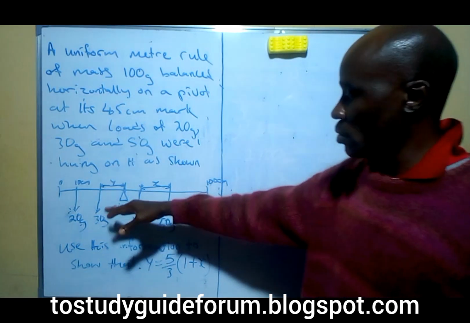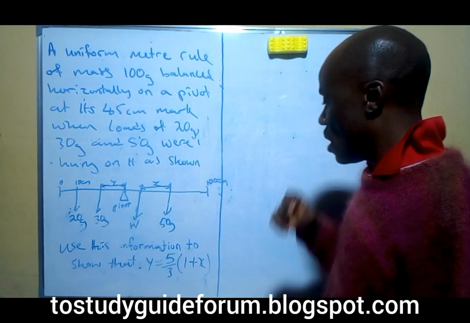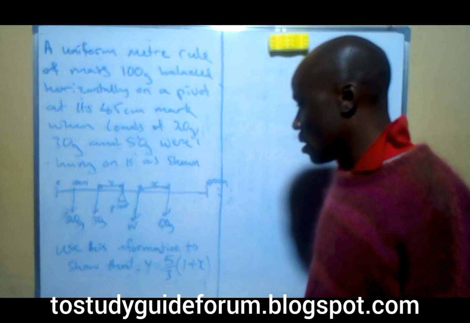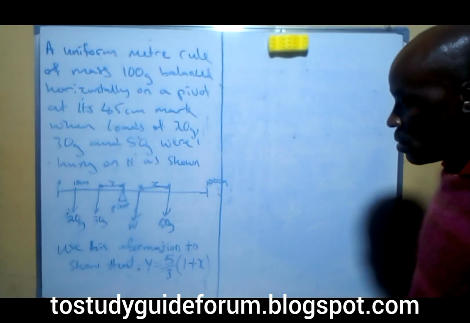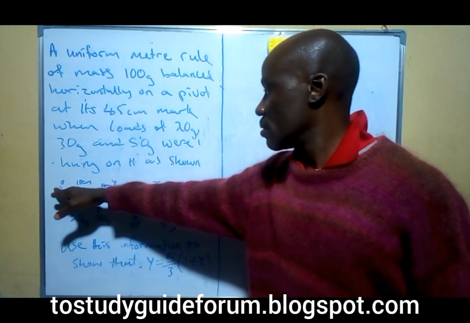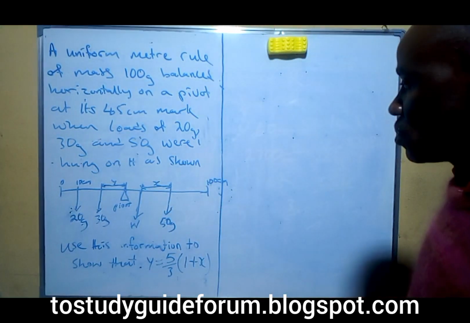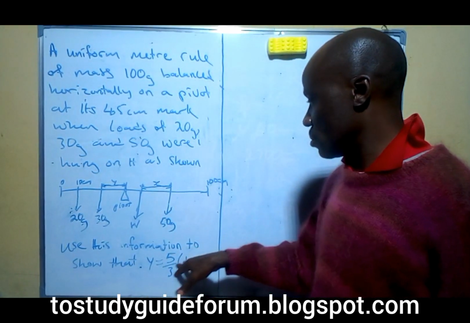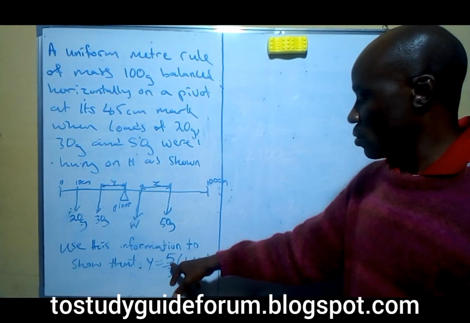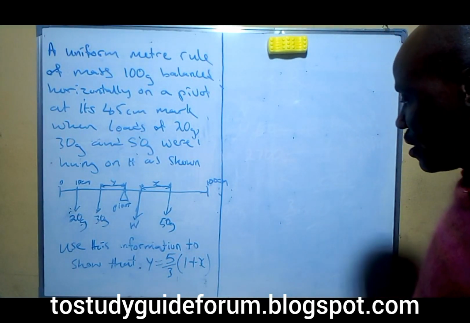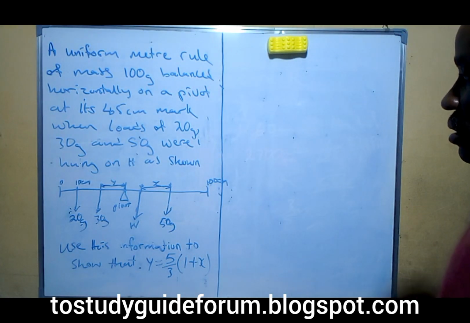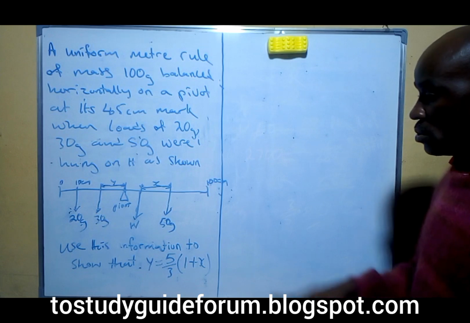This is how they were hung on it: 50, 30, and 20. This is the distance 0 to 100. Use this information to show that y is equal to 5 over 3 bracket 1 plus x bracket closes.